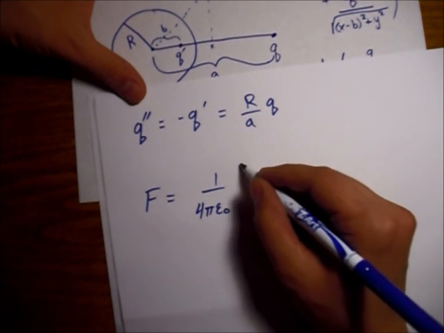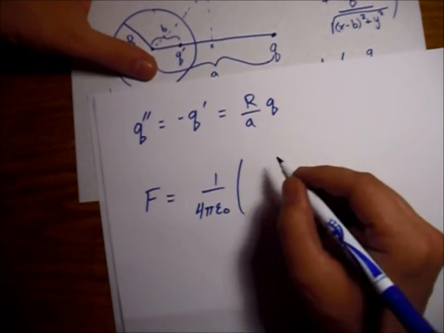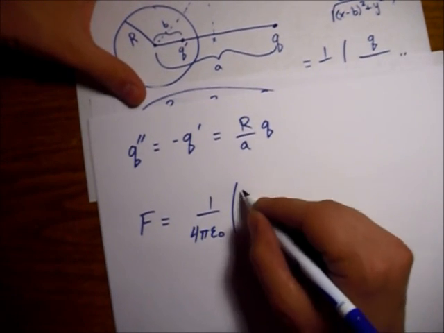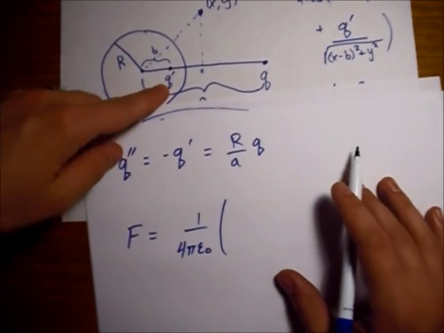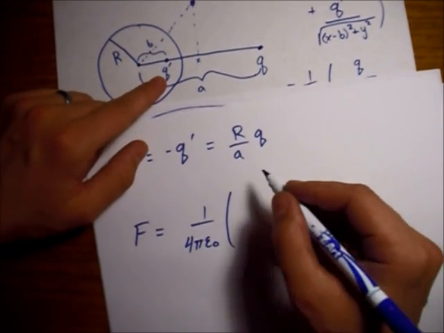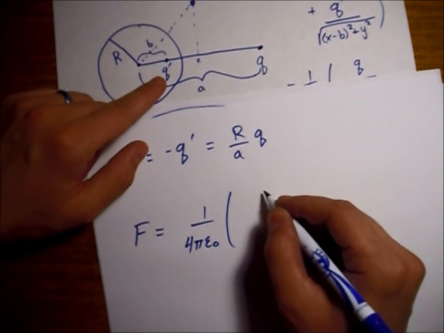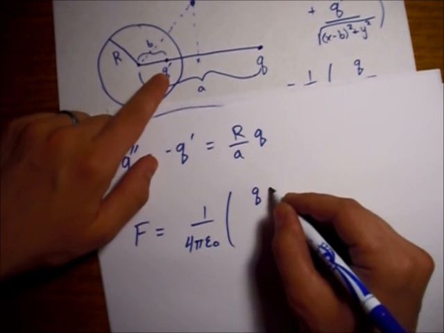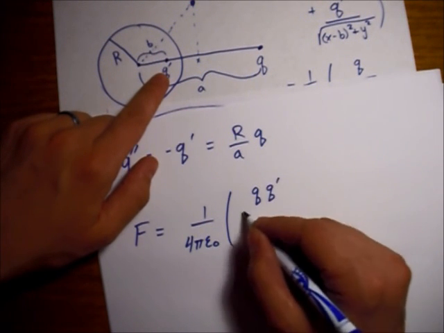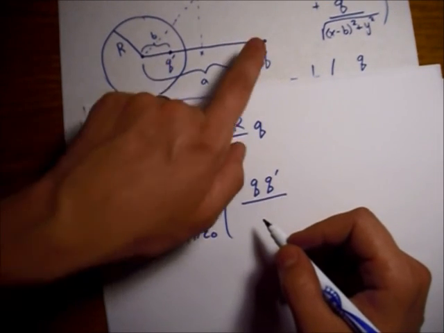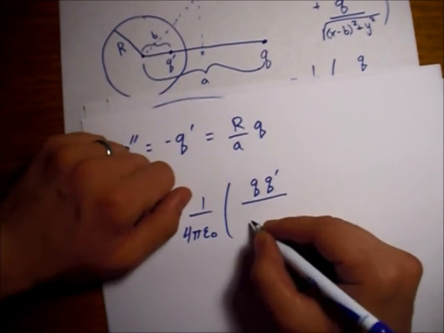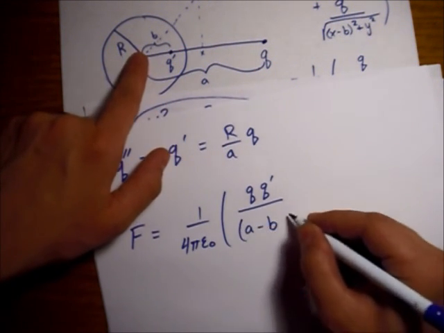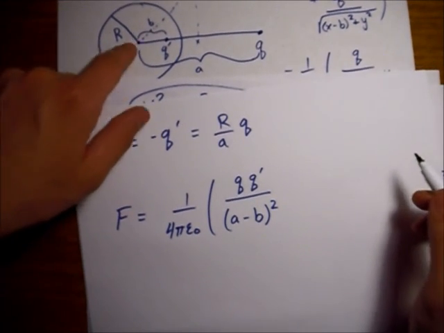So let's write this out to start with. To get the force, let's start with q prime. We have q multiplied by q prime, and then the distance between q and q prime, which is a minus b, and the distance is squared as well.